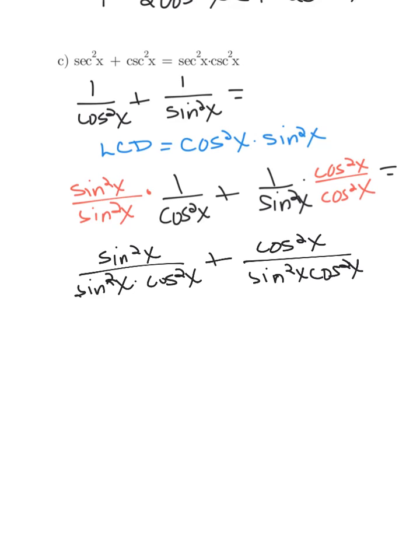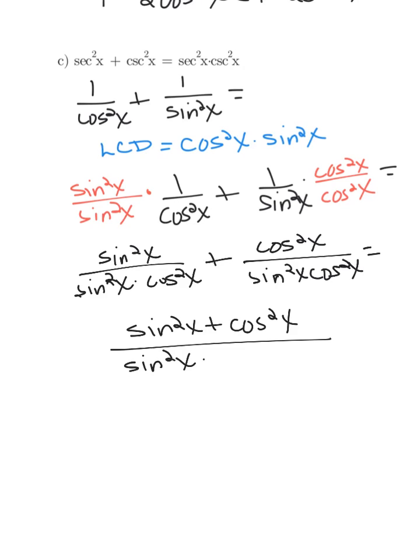Well, now, since we do have common denominators, fraction rules say add your numerators, leave the denominator alone. So it will become sine squared x plus cosine squared x over sine squared of x times cosine squared of x.